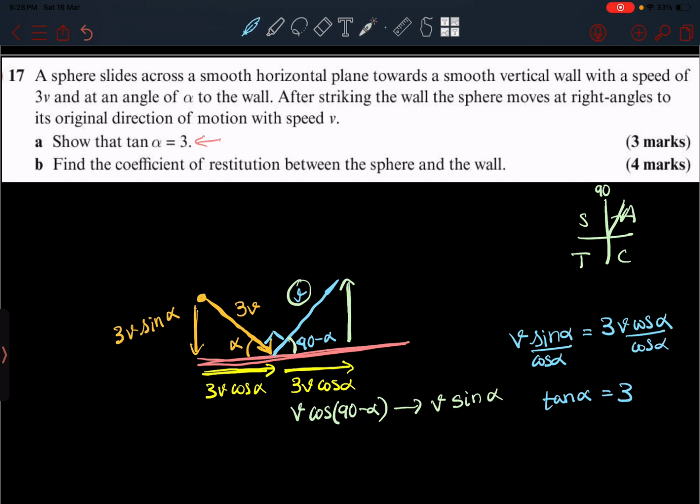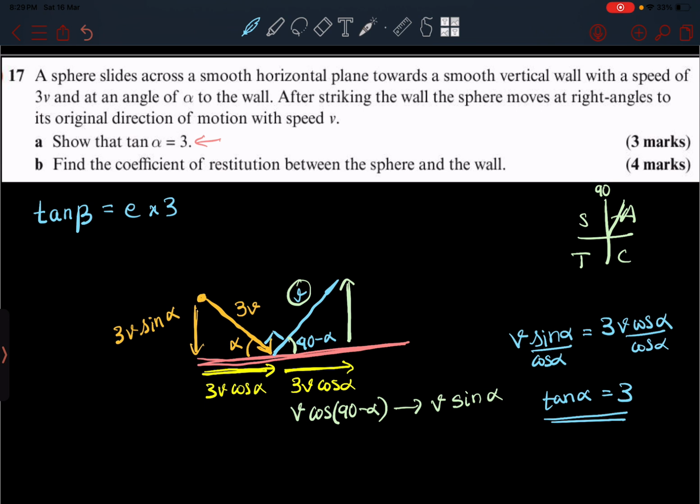Part B, we have to find the coefficient of restitution, and we don't know much except the angles. Because I have a tan alpha here, I am tempted to think of this as tan beta equals E times tan alpha. And I know tan alpha is 3.